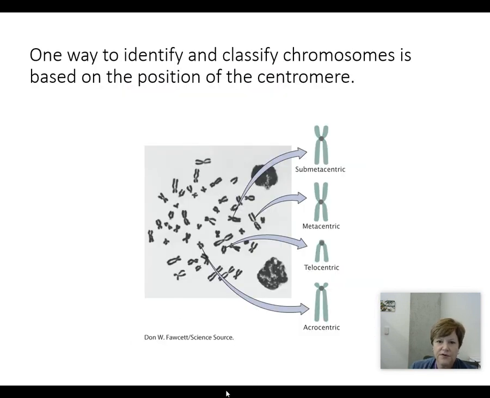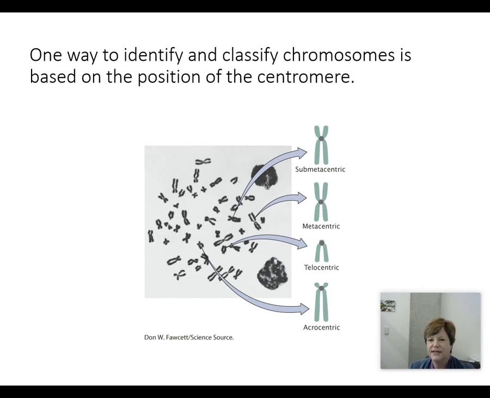One way that we refer to chromosomes is based on the position of the centromere. So if the chromosome has a centromere right in the middle, and in this image, these are all dyad chromosomes, these are all replicated chromosomes, we refer to that type of chromosome as metacentric.